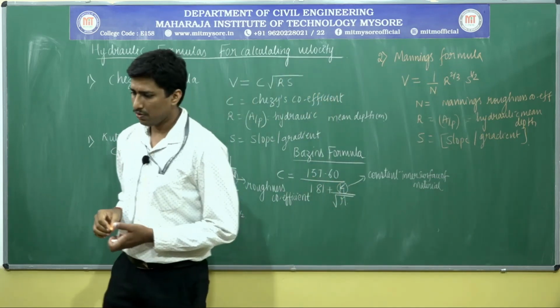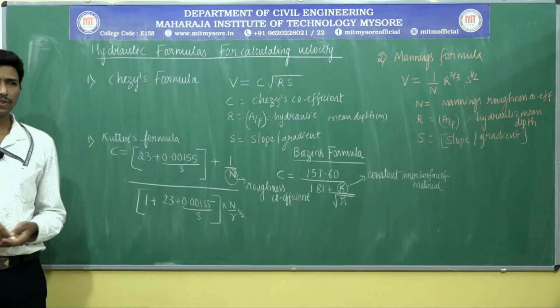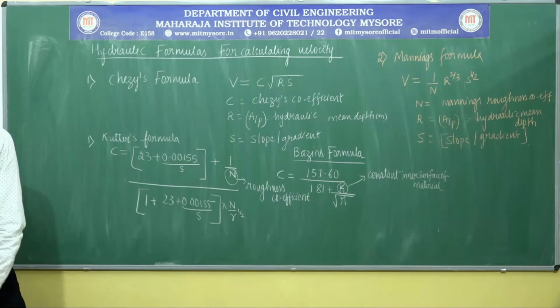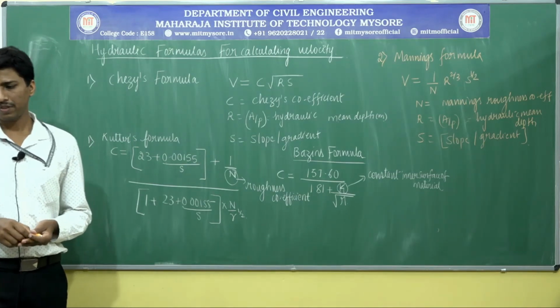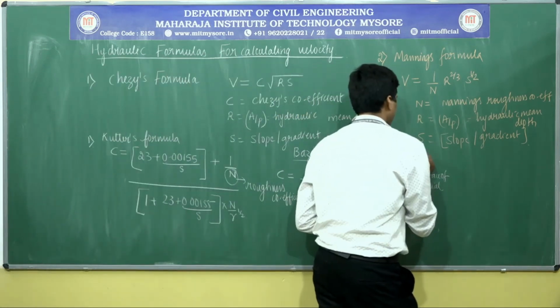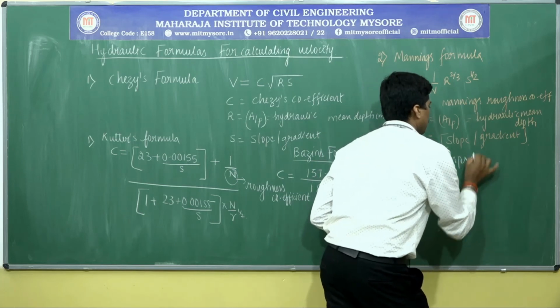Okay. So, these are the set of formulas we generally use. And meanwhile, we also have the Crimp and Burge's formula, the third one.